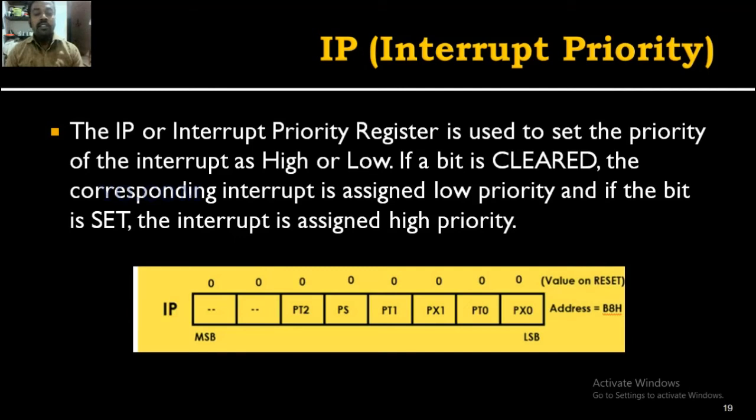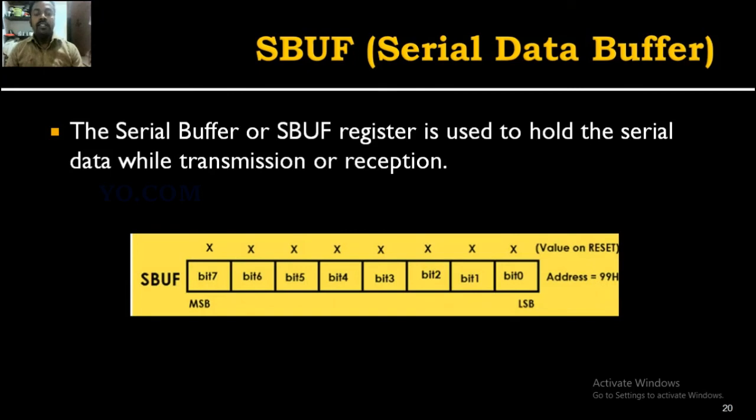These are given by the interrupt priority register. If a bit is cleared, the corresponding interrupt is assigned low priority, and if the bit is set, the corresponding interrupt is set to high priority.